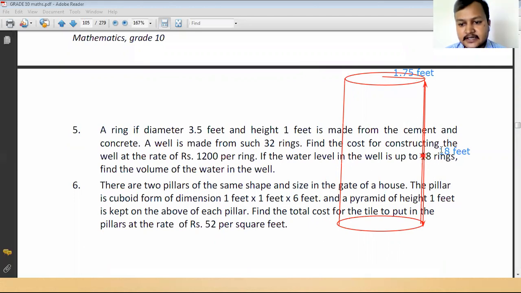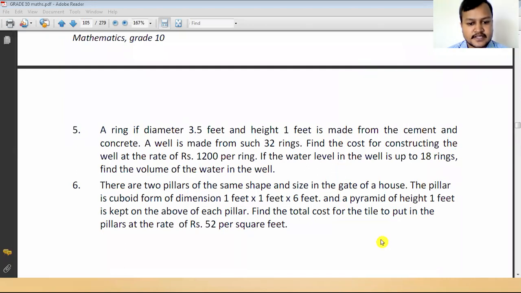This is the height of water, 18 feet is the height of water. So what is the volume of water? Volume of cylinder? Pi r square. Pi 22/7, r square means 1.75 square, and h means 18 feet. From that we will get the volume of water in the well.